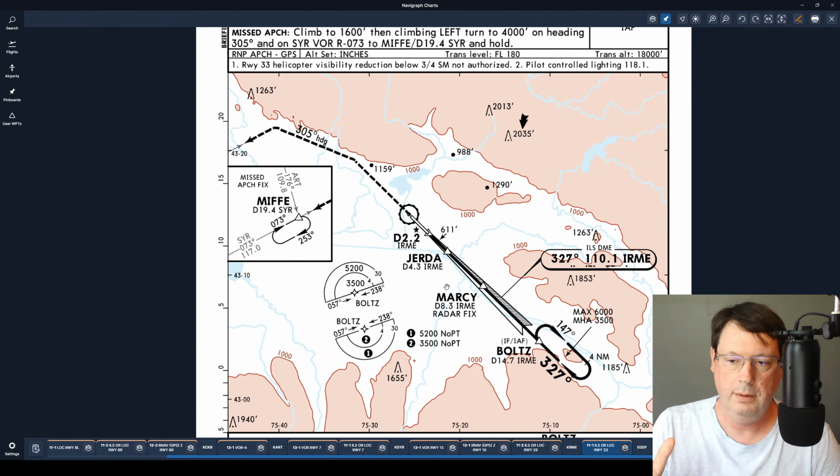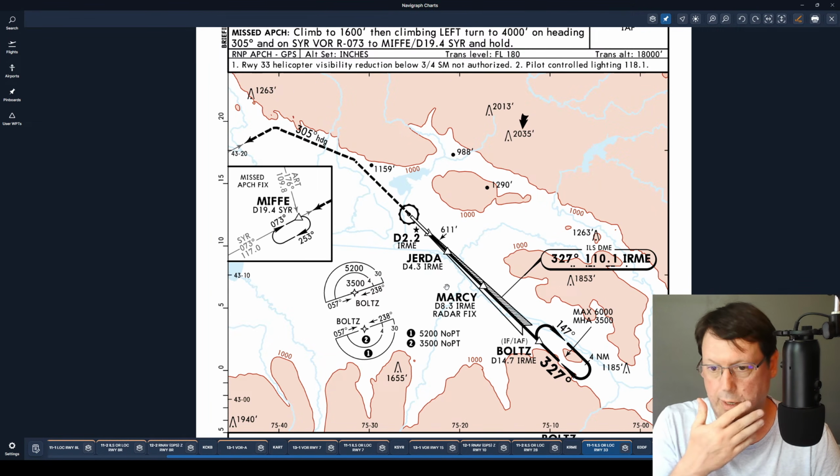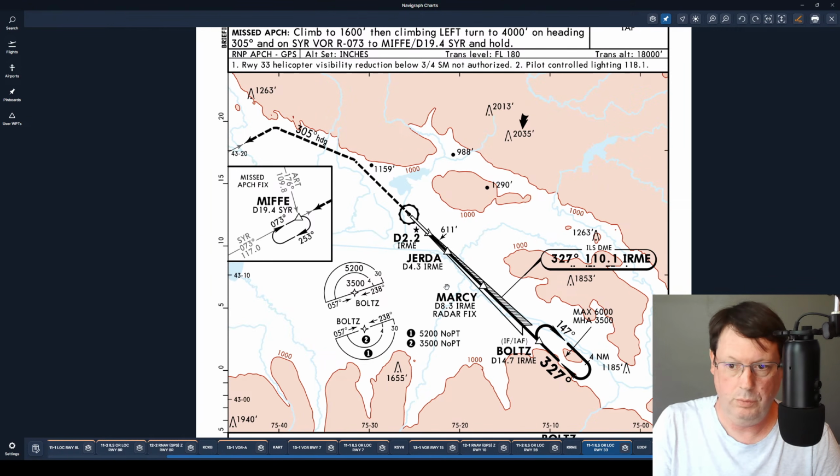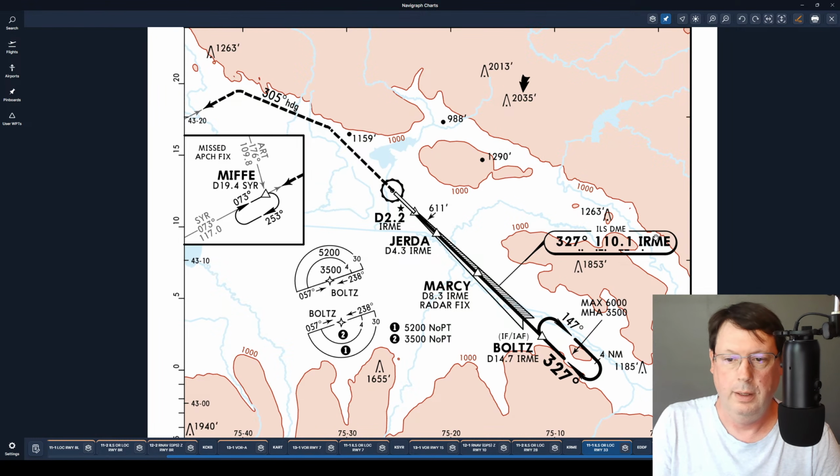So the DME literally measures your distance from a radio beacon in nautical miles, from whatever that is. So you can see right here, ILS DME I-R-M-E.